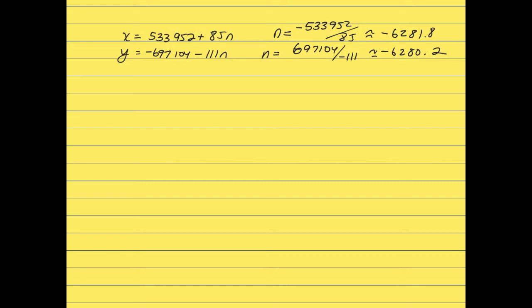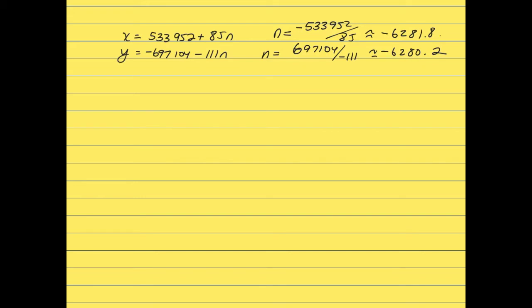So as n decreases in a negative direction, once it hits negative 6,281.8, x changes from positive to negative. As n decreases, when n gets to 6,280.2, y just changes from negative to positive.